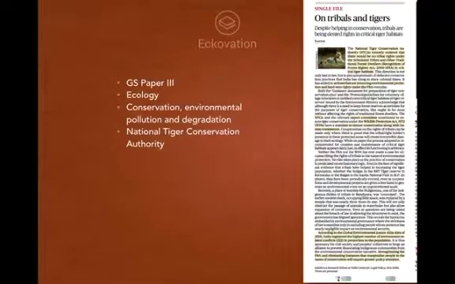So here, this article has at the core of it the recent news where the National Tiger Conservation Authority ordered that the scheduled tribes will not get their rights under FRA if it is in areas which are critical tiger habitats.